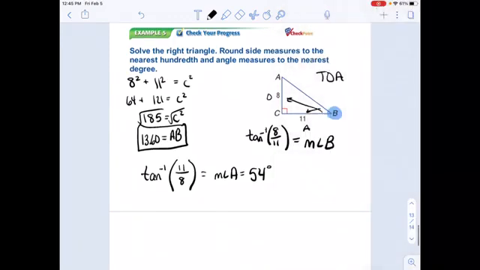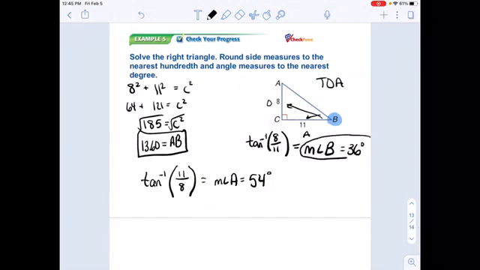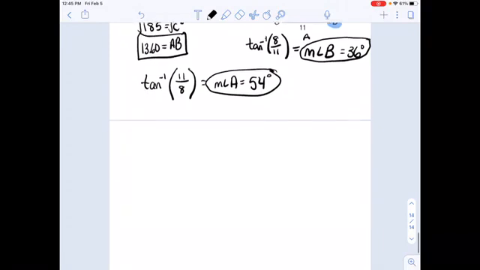Is equal to 36 degrees. Okay, notice these once again add to equal 90, we knew that must happen, and it does.